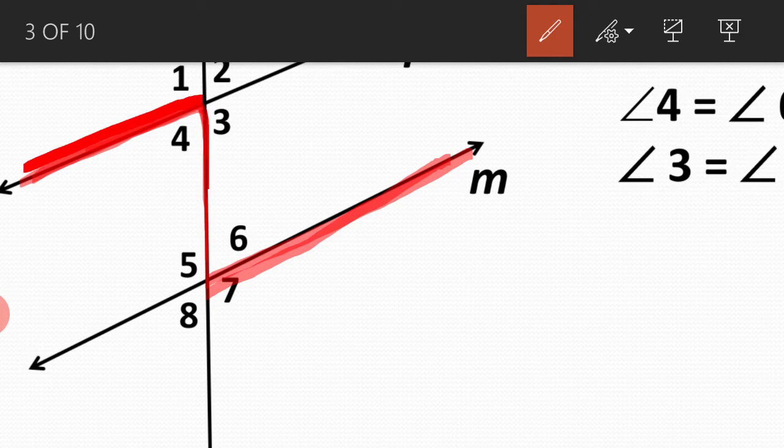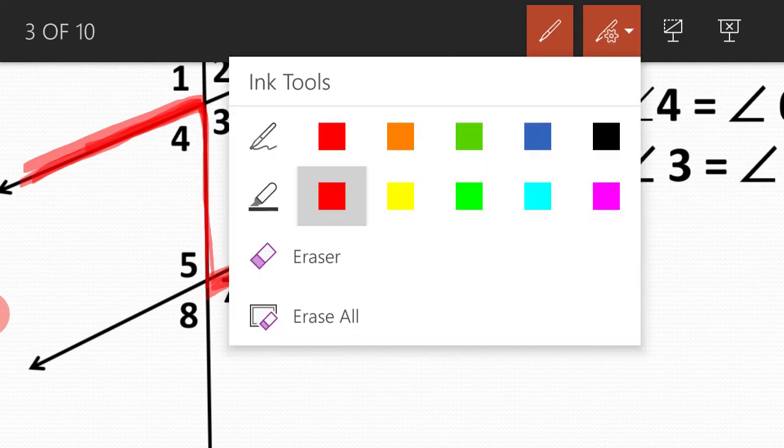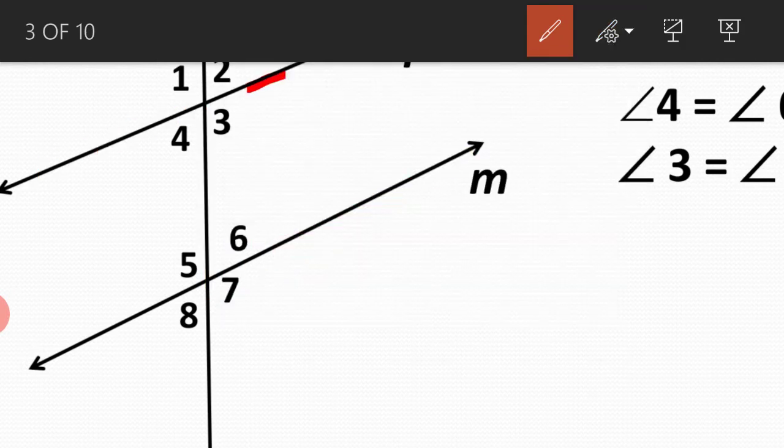You must be telling the correct name, that is Z. So if I trace angle 4 and angle 6, I come across Z. So if you come across such a Z shape in any figure, that means those angles are alternate interior angles, and then they are equal. Similarly, which is the other pair of alternate interior angles? So it is 3 and 5.